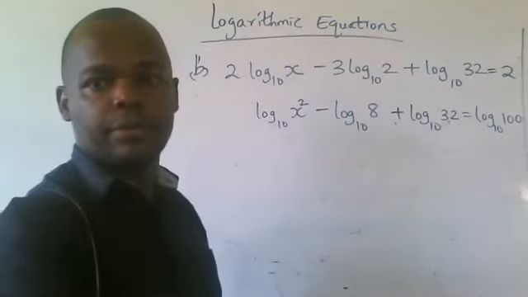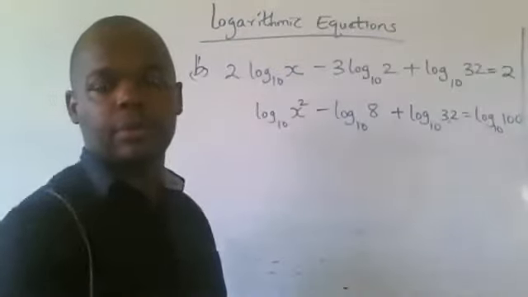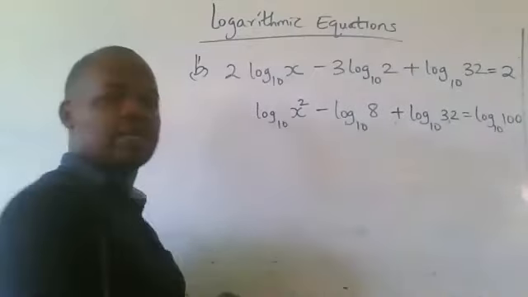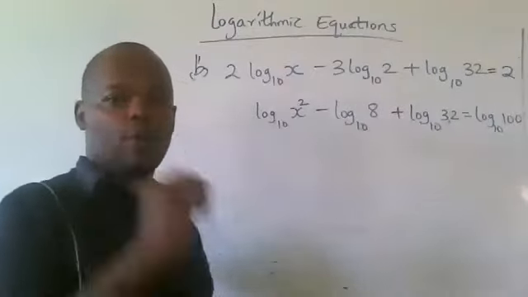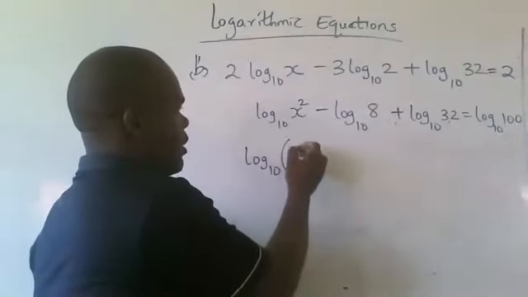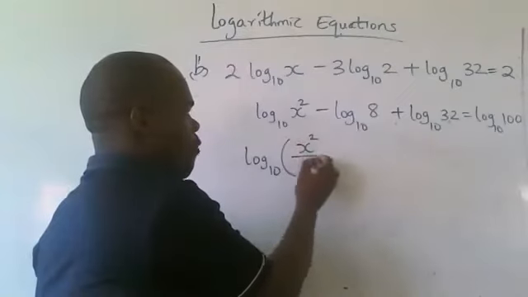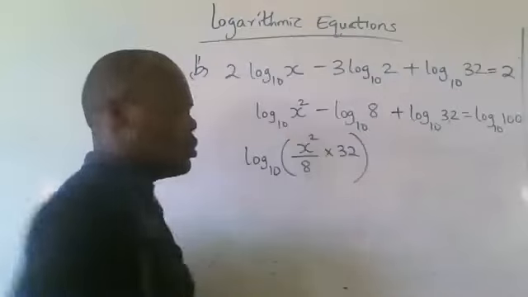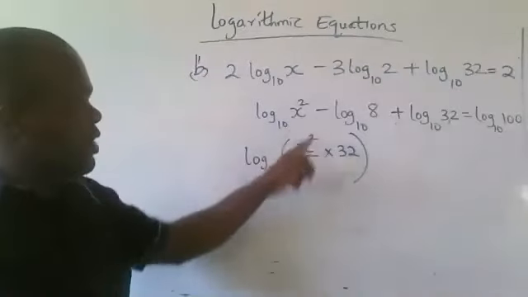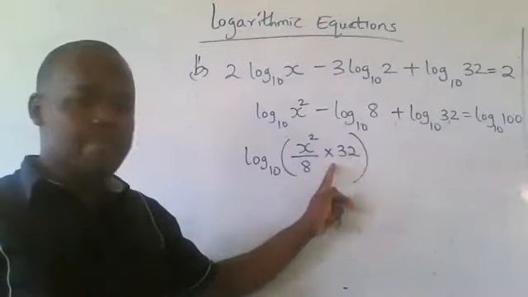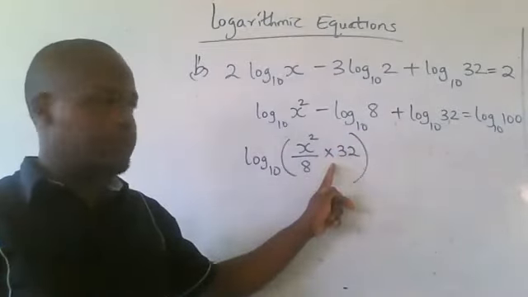Then what do we do? We use the law of logarithm. And we say this is log to base 10 of x squared over 8 multiplied by 32. Why? Because subtracting means we are dividing, and then addition means we are multiplying.